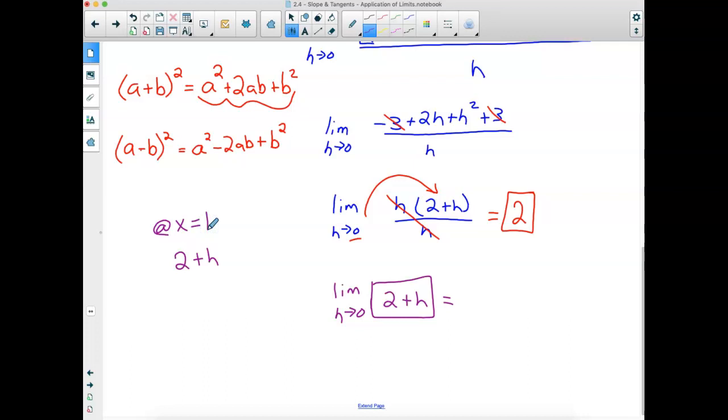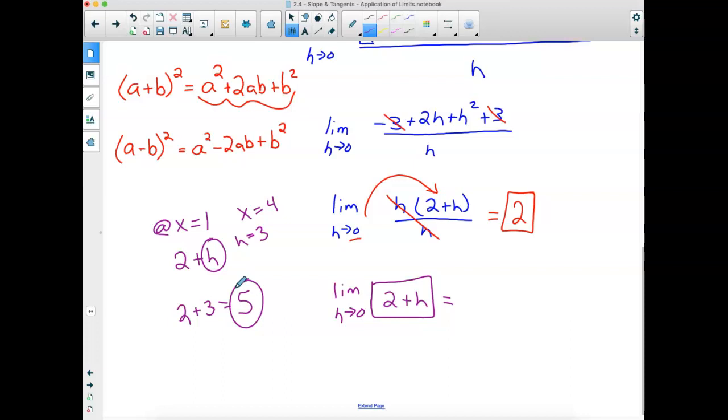For instance, on the first page, we looked for the slope between the points from x equals 1 to x equals 4. Well, this h value is the number of units away I am from 1. So if I'm going from x equals 1 to x equals 4, h in this case would have to equal 3. And what is 2 plus 3? It's 5. It's giving me my average rate of change at the same time.